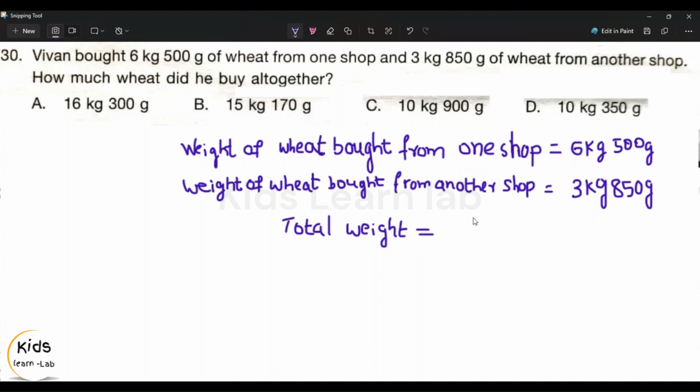So total weight is equal to 0 plus 0 is 0. 0 plus 5 is 5. 5 plus 8 is 13. 6 plus 3 is equal to 9. 9 kg 1350 grams.